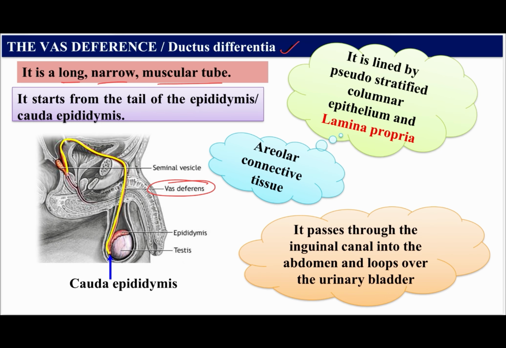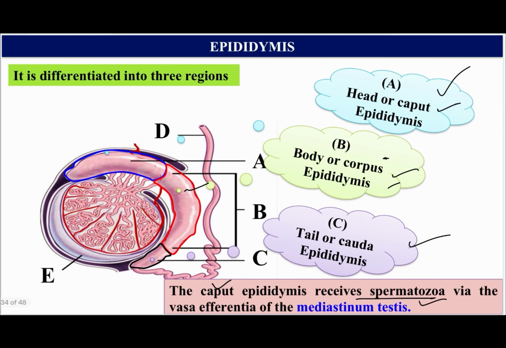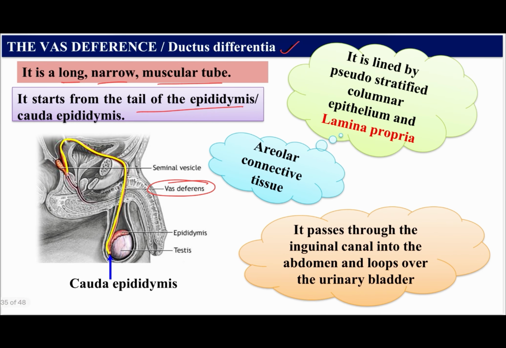This long, narrow muscular tube starts from the tail of the epididymis, called the tail epididymis or cauda epididymis. The Vas Deferens is lined by pseudostratified columnar epithelium, and there is a lamina propria. This lamina propria is actually areolar connective tissue. You have already learned what areolar connective tissue is in the class 11 module.